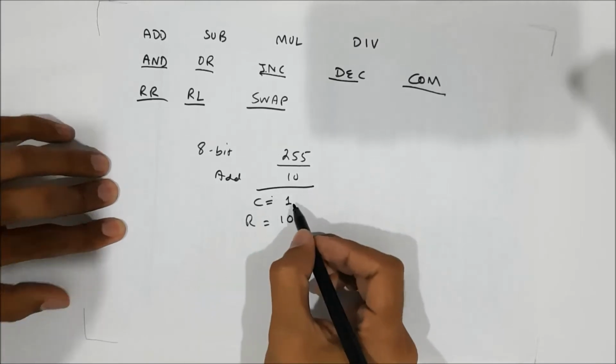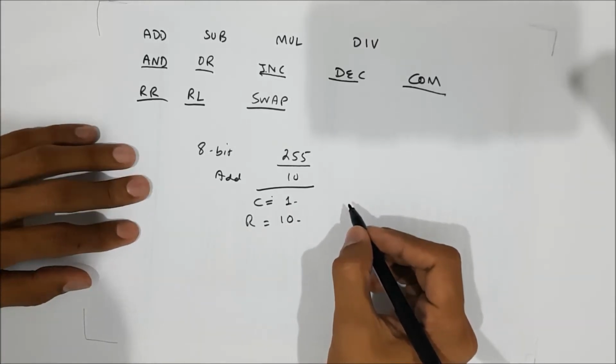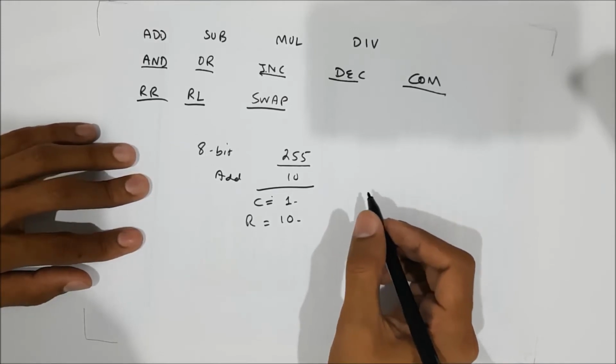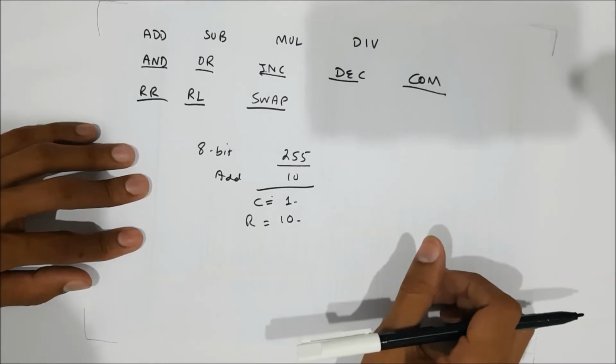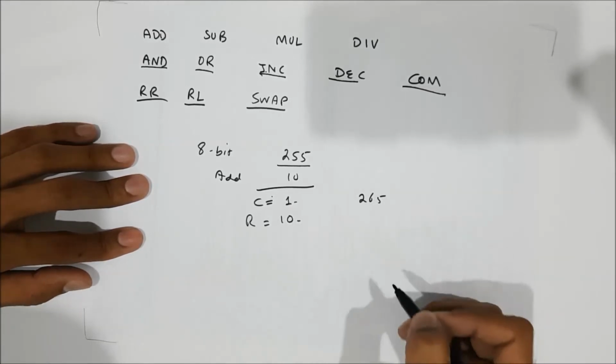So the carry will become 1 and the register value will become 10. Now, if we concatenate this carry with the 8-bit register, that total 9-bit number will be equal to 265.